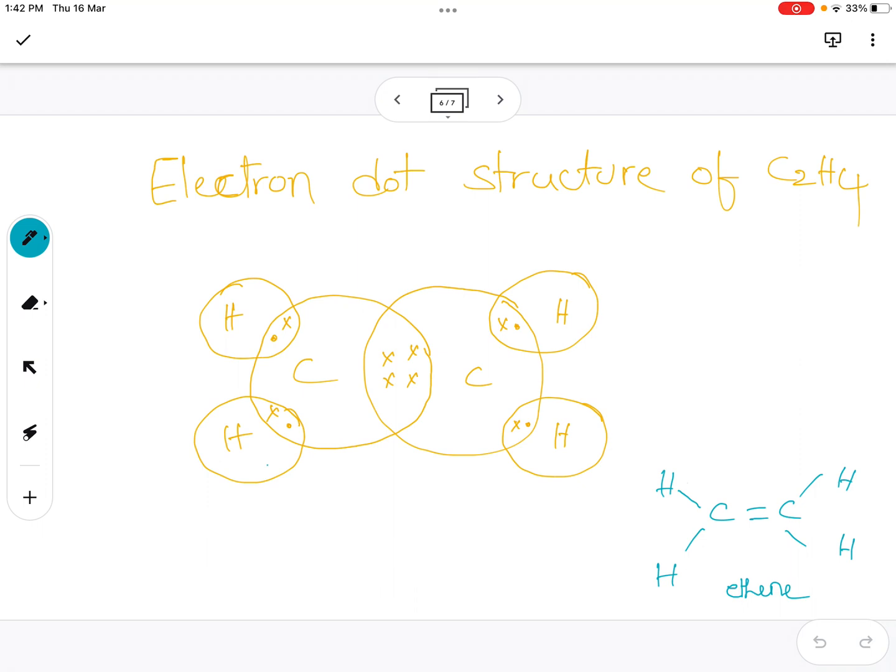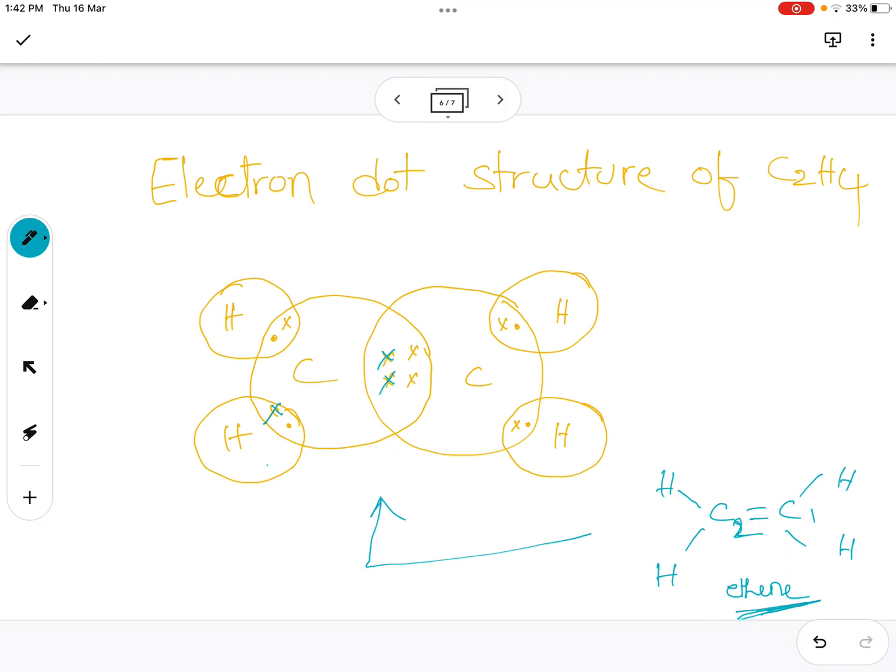Next, C2H4. C2H4 we call ethene. A double bond is there, so ene will come. 2 carbon atoms are there. The compound name is ethene. This is how to represent it in an electron dot structure, like this. This carbon has 4 electrons in the valency shell.